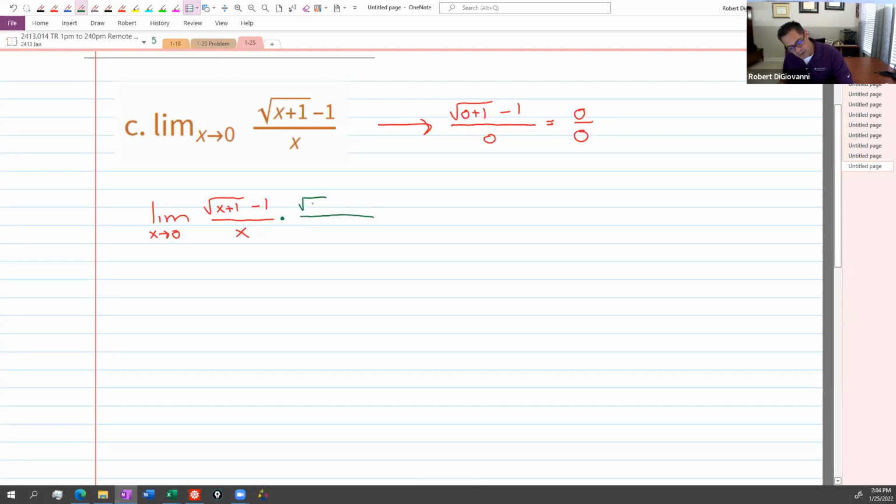The square root of x plus 1 over the square root of x plus 1 plus 1. Does anybody know what that's called? When I take an expression like this and I rewrite it, but I change the sign in between from a minus to a plus, or if this was a plus, I change it to a minus. Anyone know what that's called, this thing? No?